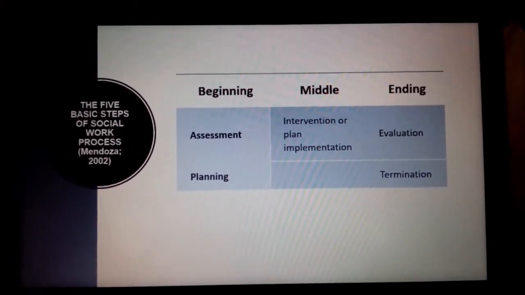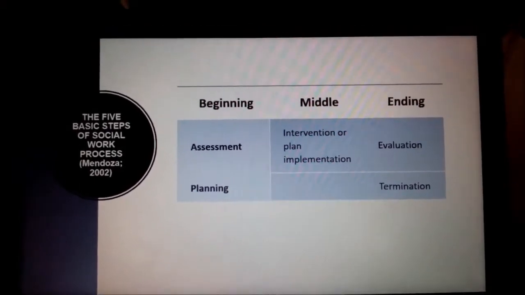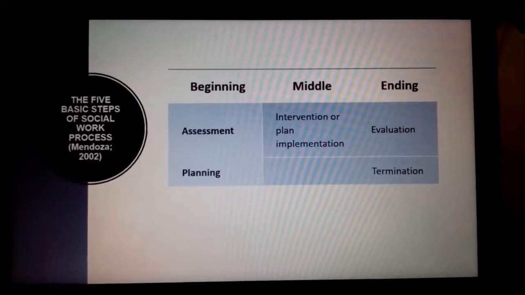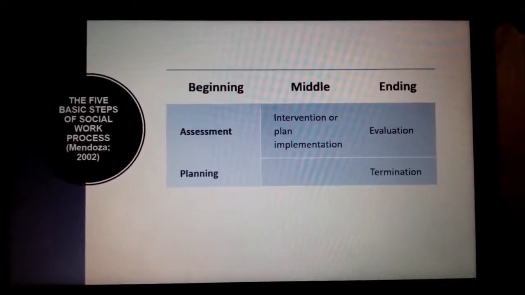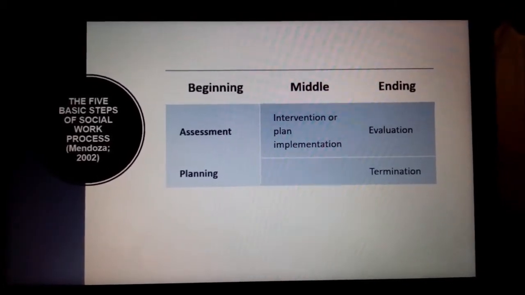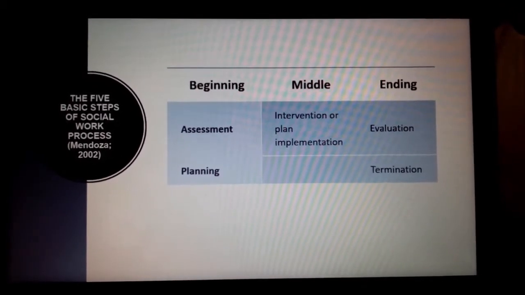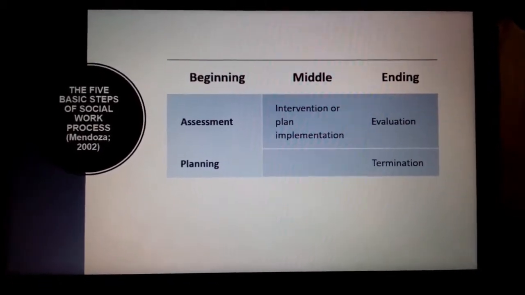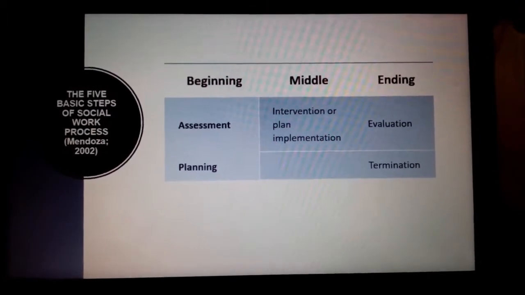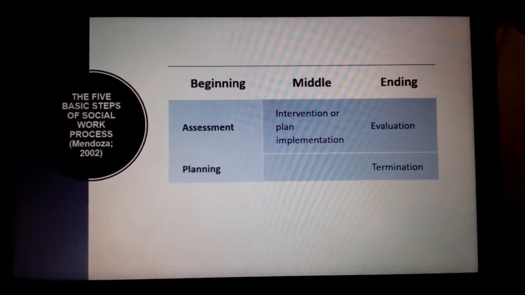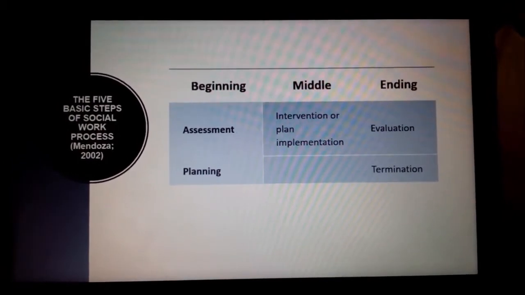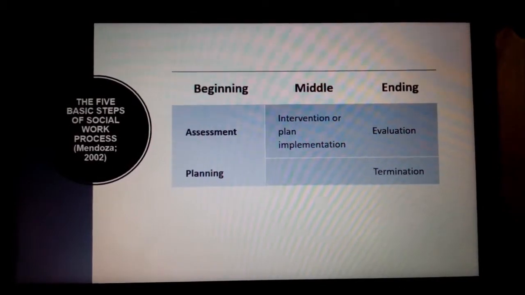So we evaluate the plans and then terminate the process that is not good or has no good result in the assessment, planning, intervention, or implementation. It's just going to repeat the process again and again if it failed or the results are not good for the community. So that's the 5 basic steps of the social work process: assessment, planning, intervention or plan implementation, evaluation, and the last one is termination. That's beginning, middle, and ending.